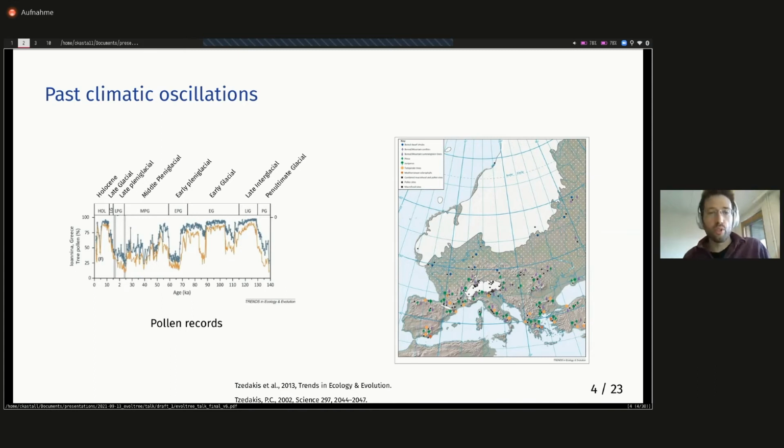So pollen records are very good to collect information about these fluctuations. However, they are not very good to look at patterns at the level of the species because it's not so easy to discriminate pollen from different species. Something that is very good for that, however, is DNA. And you can also use DNA to look for the signature of these population dynamics, expansions and contractions.